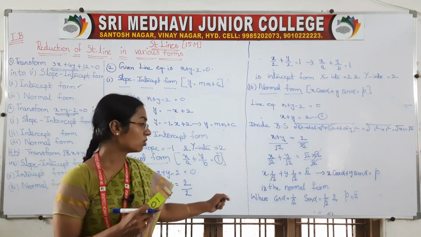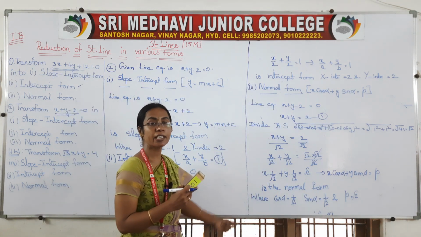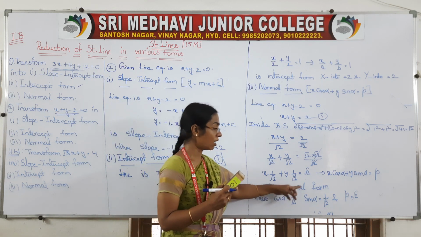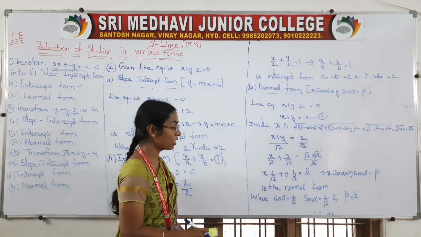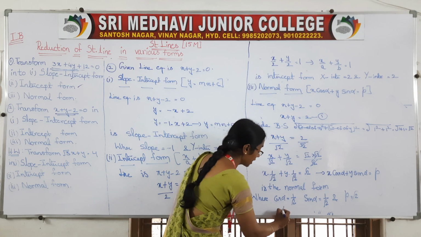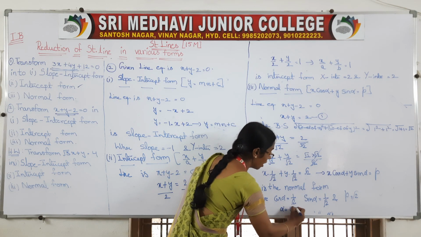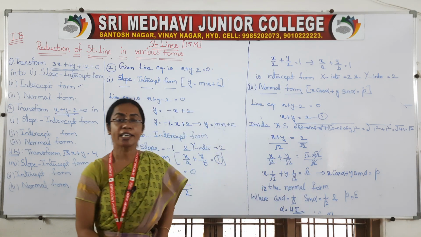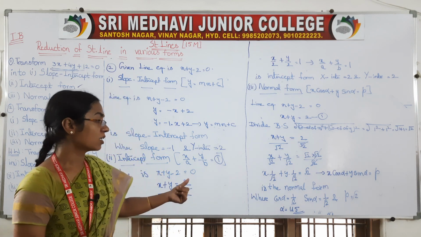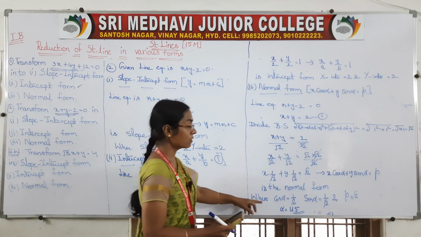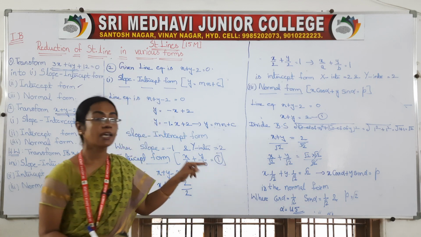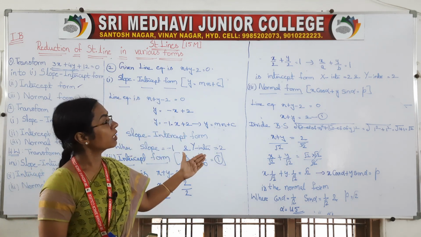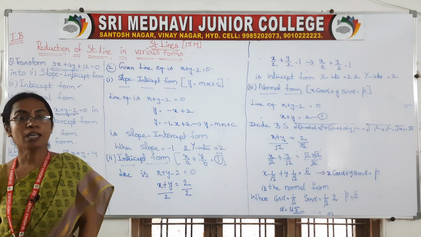Cos alpha is equal to 1 by root 2. Cos of which angle is equal to 1 by root 2? Sin alpha is 1 by root 2. Sin of which value is equal to 1 by root 2? 45. So your alpha is 45 degrees here. So cos 45 is 1 by root 2, sin 45 is 1 by root 2. So now this is your normal form.